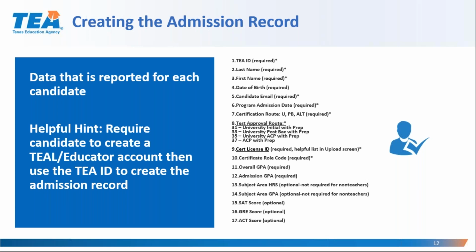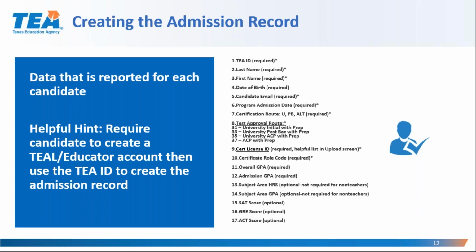You will also need to have the CERT license ID for each certificate sought by the candidate, such as Math 4 through 8 with Special Education Supplemental, and the related roll code, which would in this example be 029 for a teacher certificate. If you create the admission record manually, the test approval route, roll code, and CERT license ID are selected from drop-down lists for your convenience.